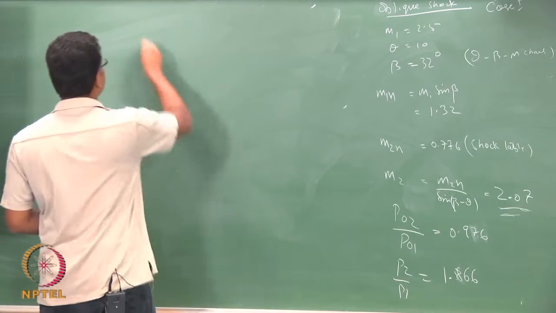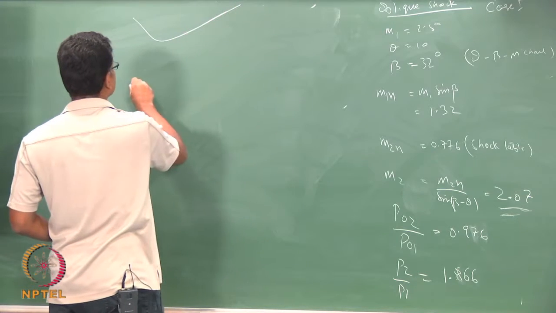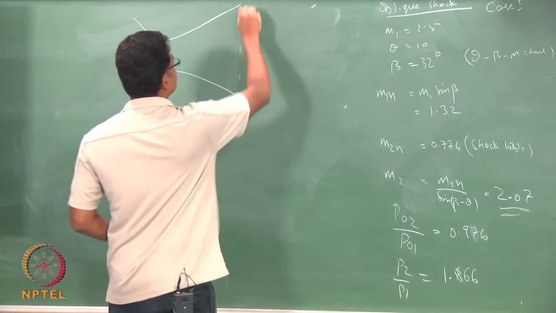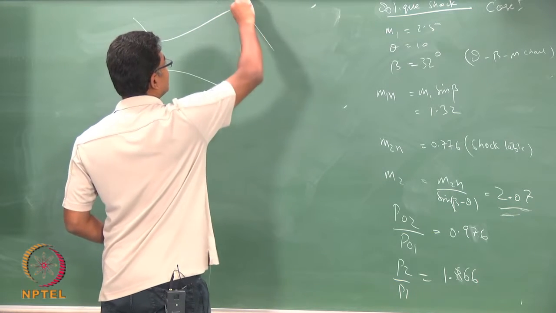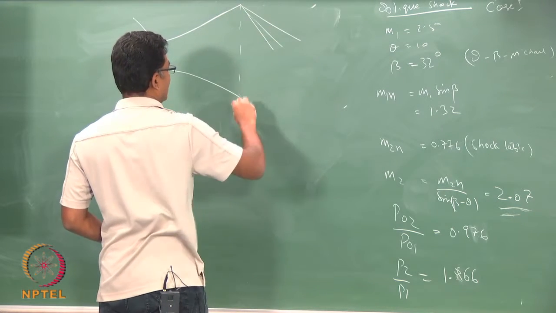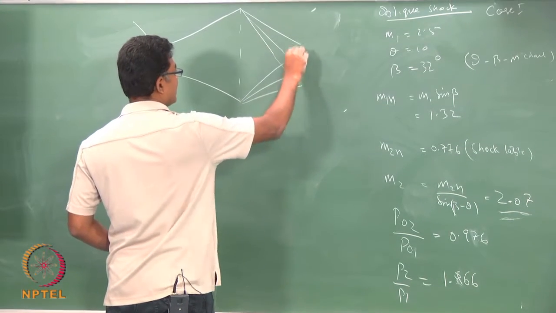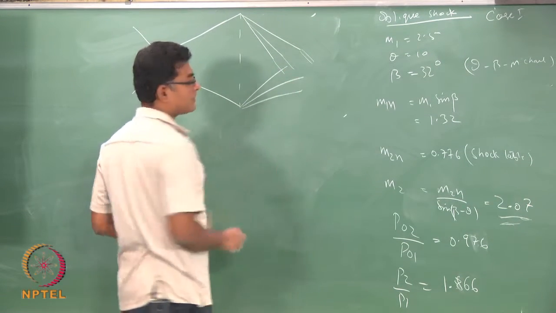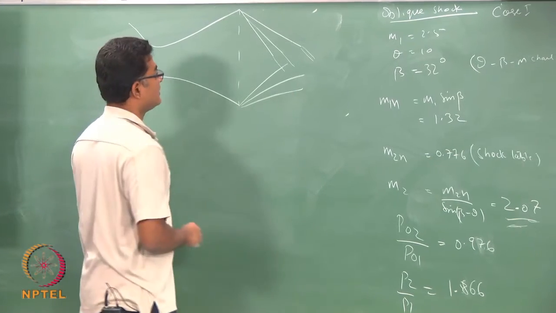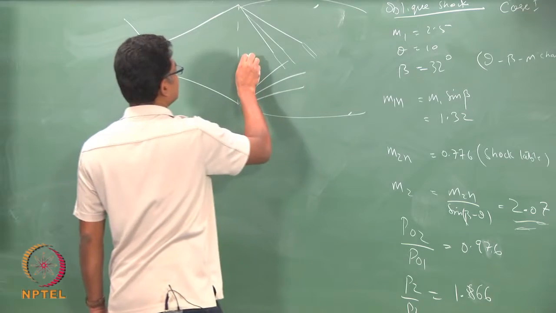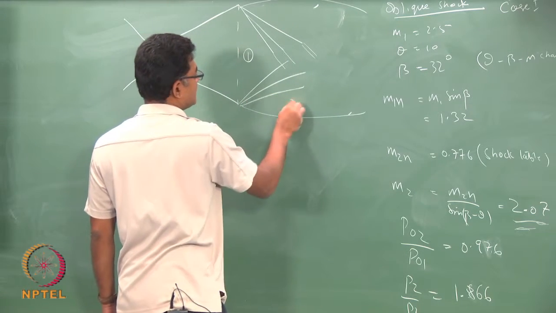So, what I am going to do is, I will have an under expanded nozzle. Under expansion means I have some kind of expansion happening after the nozzle. So, it is under expanded and it is trying to expand further once it goes out of the nozzle. This is region 1, this is region 2.